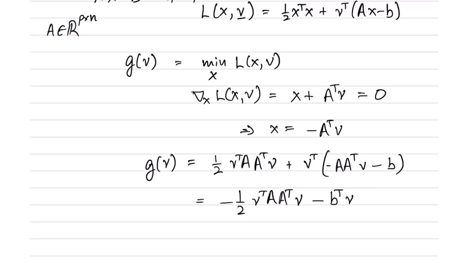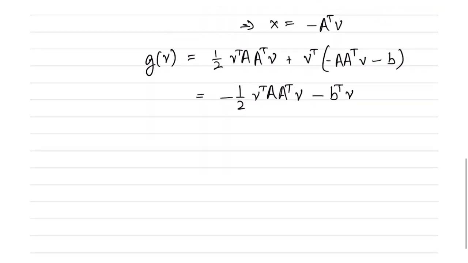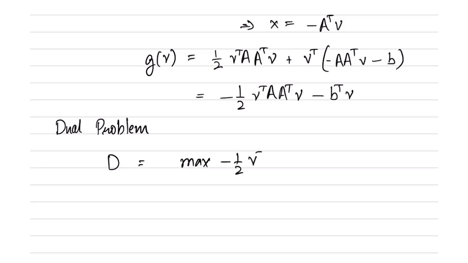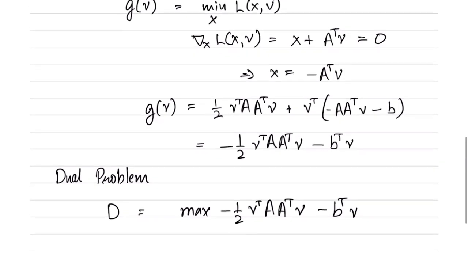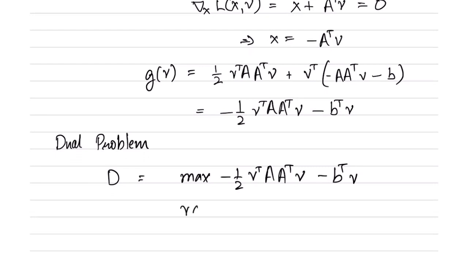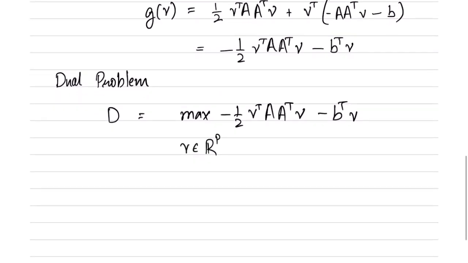This is the dual function, and therefore the dual problem is the maximization of minus half nu transpose A A transpose nu minus b transpose nu. There are no constraints on nu. Remember that we had a constraint that lambda is greater than or equal to 0, but we have no such constraint on nu. So nu is any vector in R p.